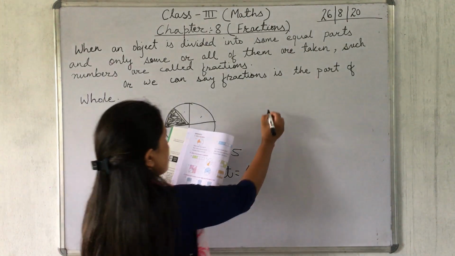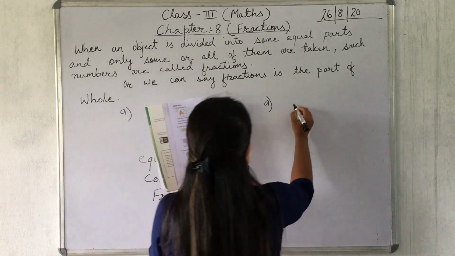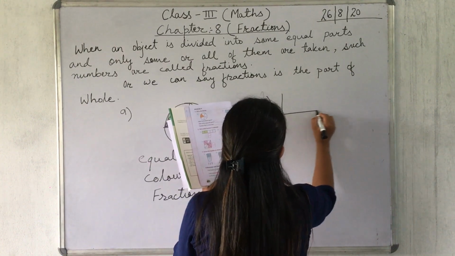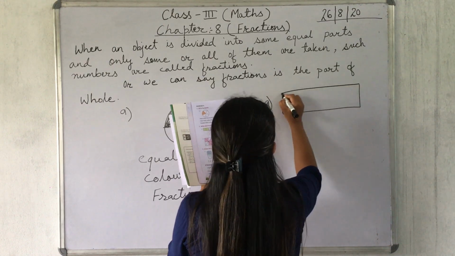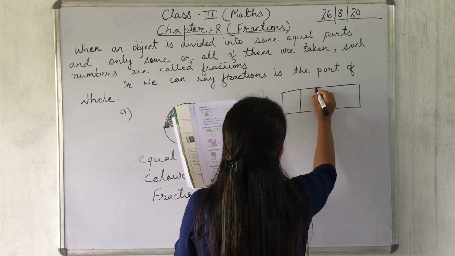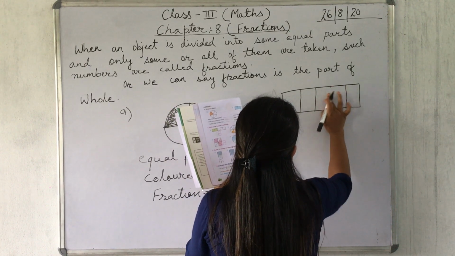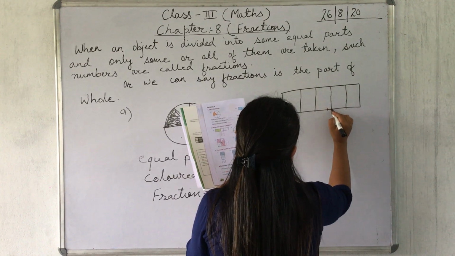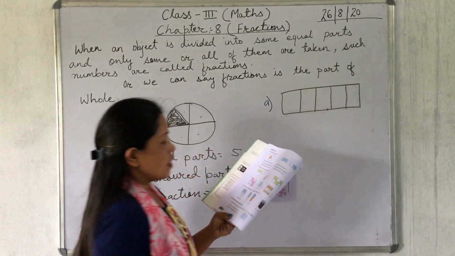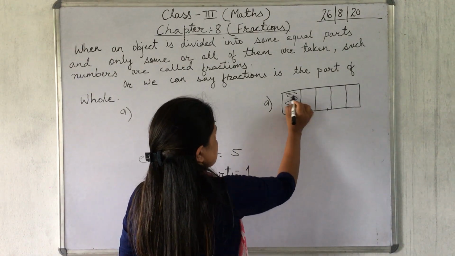See here, number A, I will do. This is a rectangle. Okay. 5 parts are there. So 2 parts are shaded.